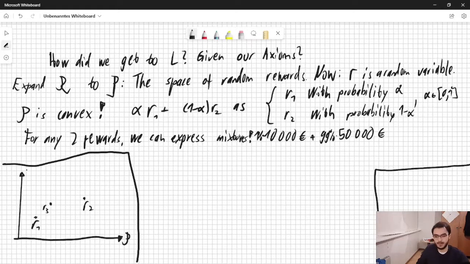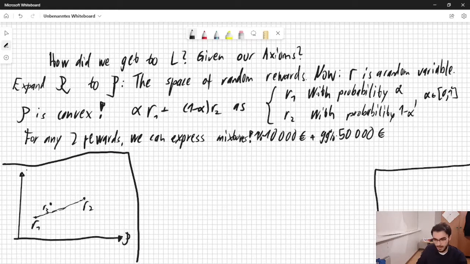We can do a really cool trick. First of all, our space is convex. So the line between R1 and R2, every single one of these elements is also a reward, because that's what convex means: the line between two points is still in the space.